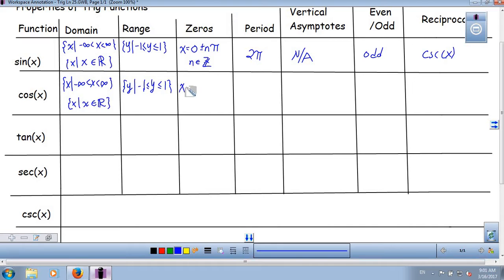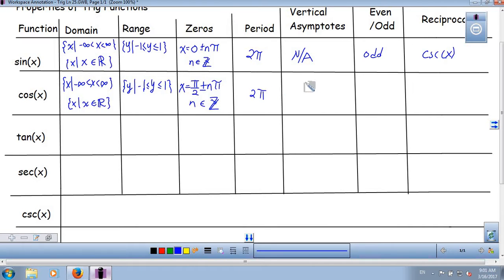So the x-intercept will be at pi over 2 plus or minus n pi, where n belongs to the set of the integers, which I'm going to write with a boldface Z. Okay, let me try to write it out like that. You also can say n equal to 0, 1, 2, 3, 4, 5. We also can write it like that.